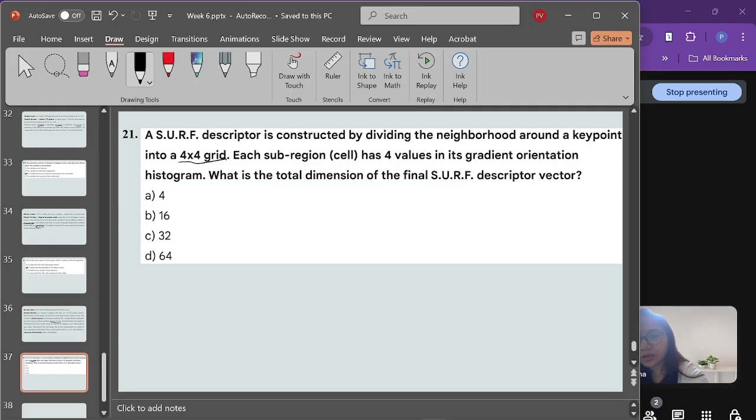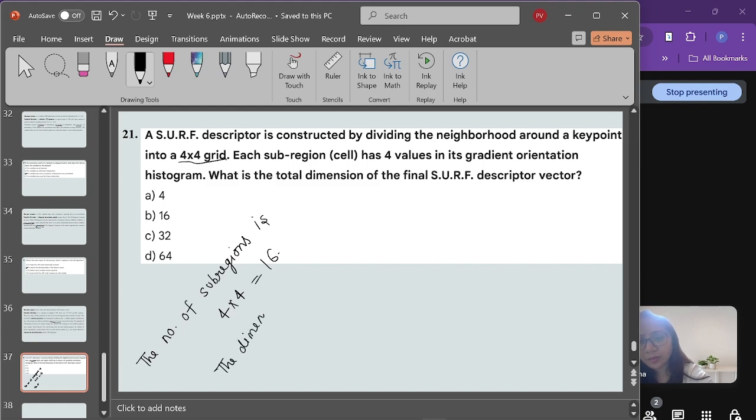So the number of subregions is 4 cross 4, that is a total of 16, and the dimension of each histogram is 4.